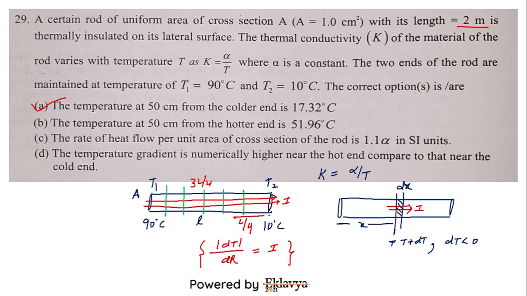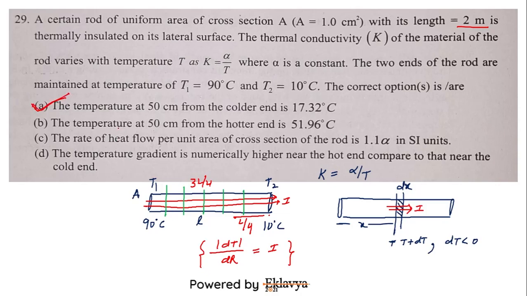So T will become 1 upon 3 root 3 into T1. T1 was 90 degree, so it becomes 30 divided by root 3, or you can say 10 root 3, which is like 17.3 degrees Celsius. So option A talks about that.